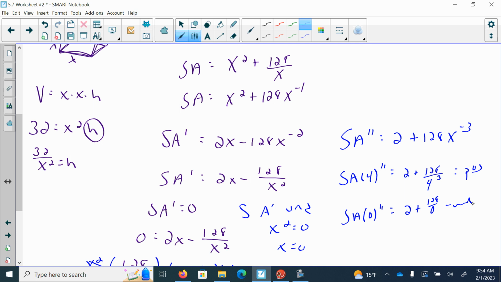I don't think so, because I took a negative 2 times a negative 1. So this is positive, which means it's concaving up, which means it is a minimum. This one's undefined, because that's going to make my box non-existent.